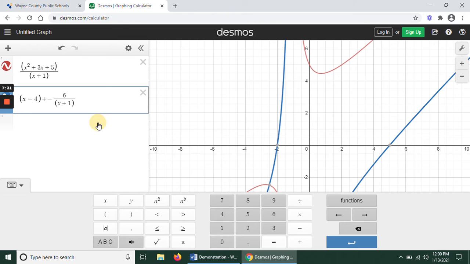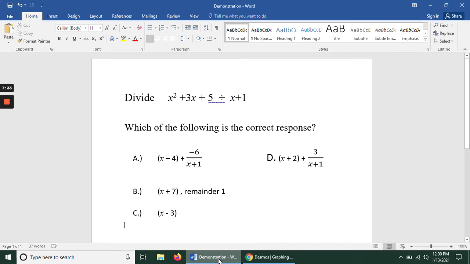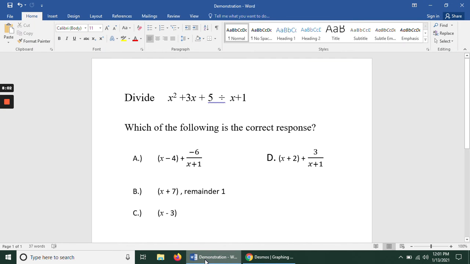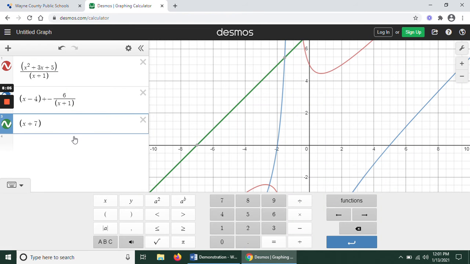The next step, I am going to enter what I have for B. Now notice that we have x plus 7 and remainder 1. So I'm going to type parentheses x plus 7 close parentheses, and the remainder is 1, so I'm going to type plus 1. 1 is the remainder that was given to us.